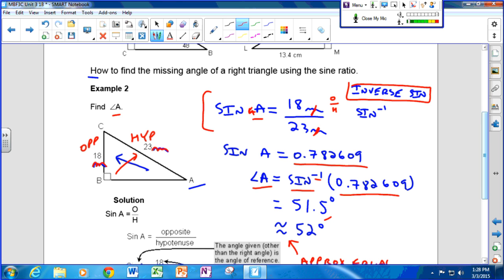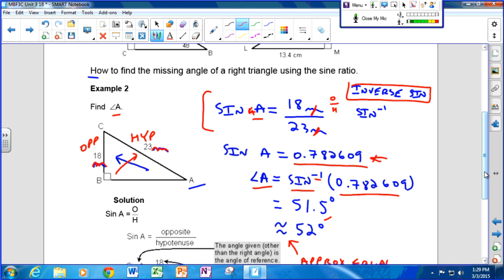Now, on your calculator, usually it's on the sine button. If you look above the sine button, usually it'll say sine to the -1 in some color, maybe yellow, maybe white. And what you're going to do is put this number in the display, which is the result of dividing 18 by 23. You'll look above the sine button at what color the inverse sine function is.